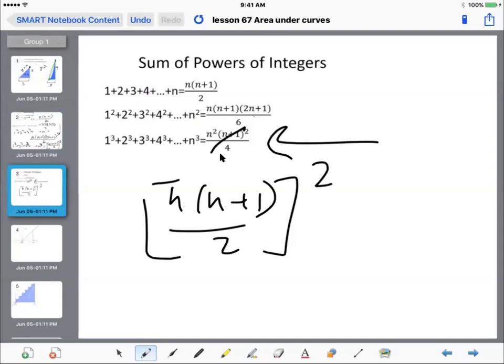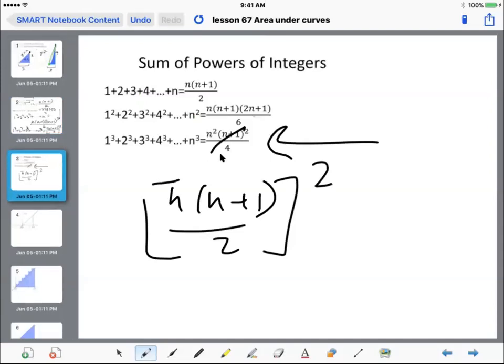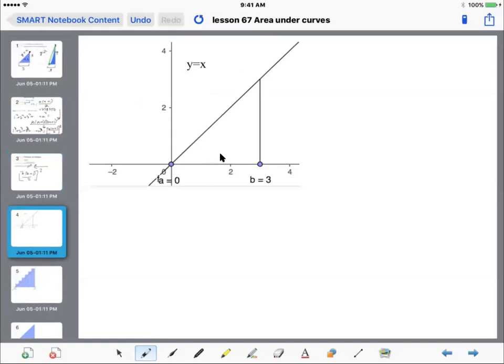Okay, what do sums of integers and sums of powers have to do with today's lesson? Well, here we have a triangle. And we know the area of a triangle is 1/2 base times height, which made the area of this triangle 4.5. But now I'm going to show you a much more complicated way of getting that same answer.